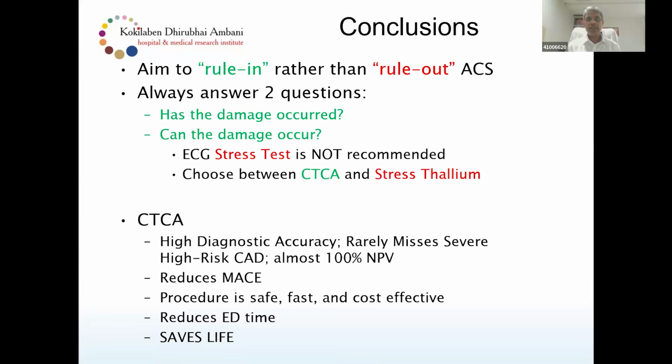That reduces the ED time, the length of stay of patients, and at the end saves lives. Because we have seen that many patients who were labeled with a normal ECG and normal troponins as non-cardiac chest pain turned out to have a critical LAD stenosis. So knowing that a person has critical coronary artery disease and undergoing timely treatment is a life-saving procedure.